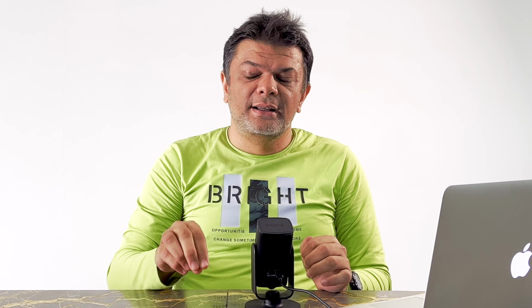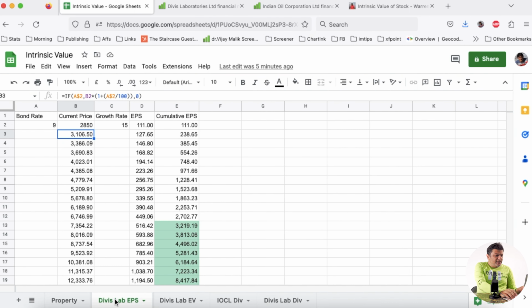So let's say I have a company where I only invest 2850 rupees, and that business is generating 111 rupees as cash out of the business. But what is more important is I'm able to grow that business at a 15% CAGR.